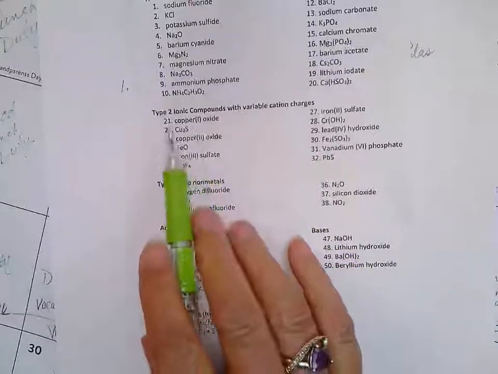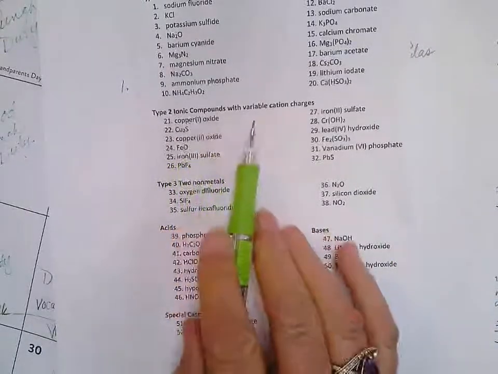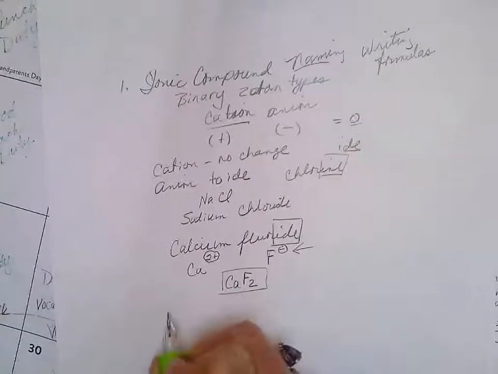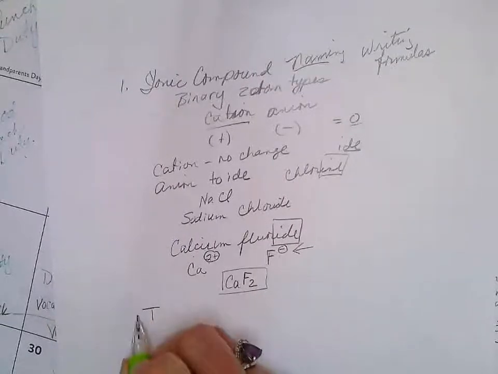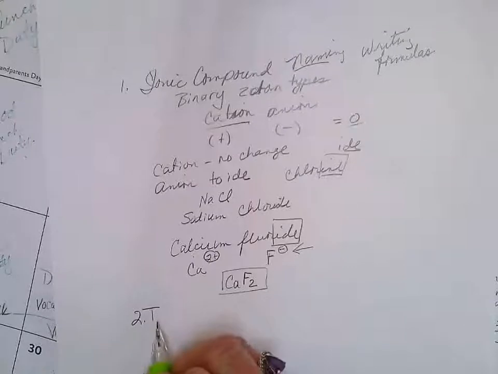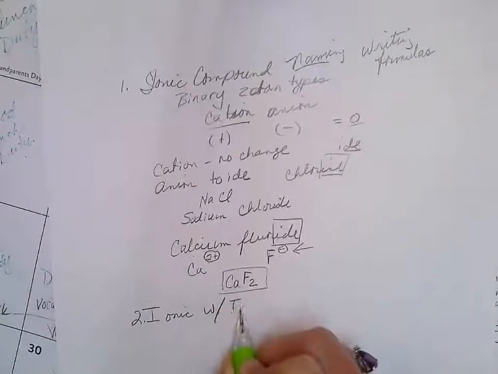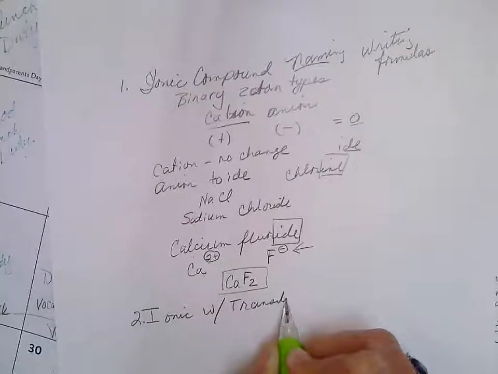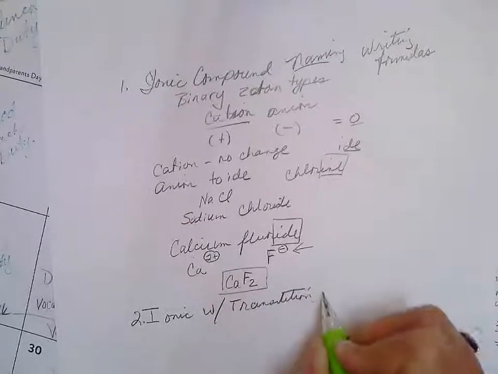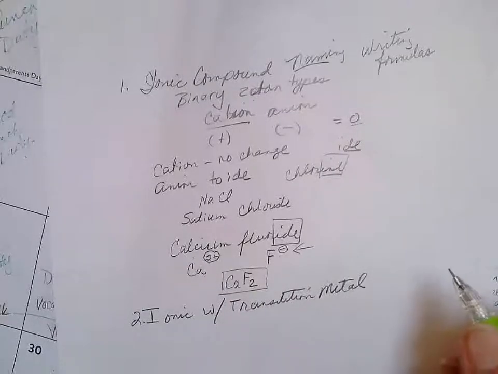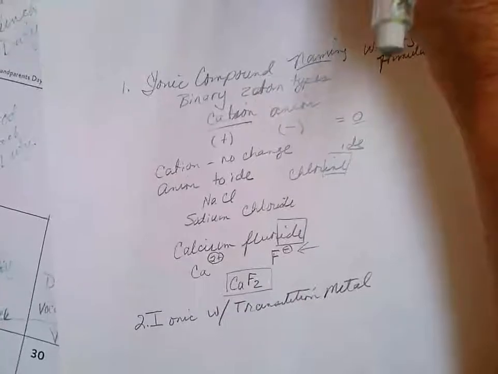Type 2 is naming ionic compounds where we have a variable charge cation. So that would be something where we have ionic compounds with a transition metal. And transition metals, because we're filling d electrons, they have a lot of very strange things going on.